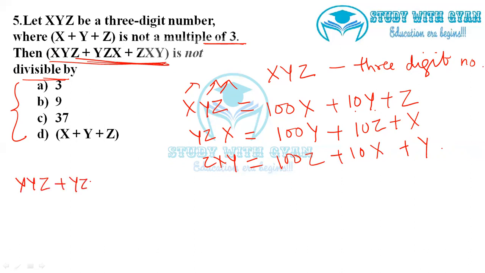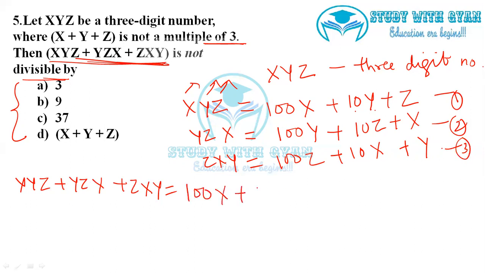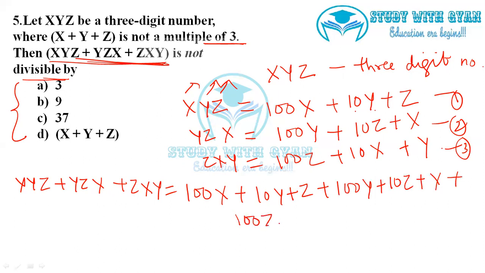What we have to do now, according to the question, is xyz plus yzx plus zxy. So add all these 3 numbers. What you will get is 100x plus 10y plus z plus 100y plus 10z plus x plus 100z plus 10x plus y.